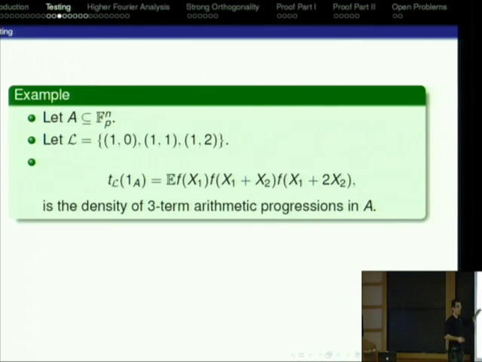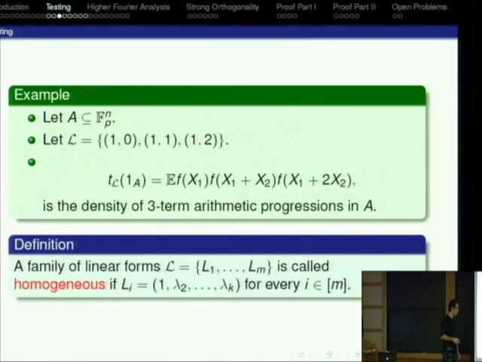So this average gives us the density of 3-term arithmetic progressions inside the subset A. These averages are very common when you count the number of times that a linear pattern appears in a subset.